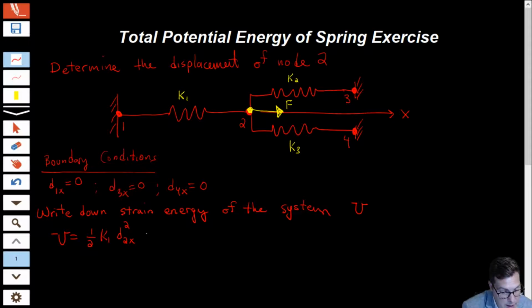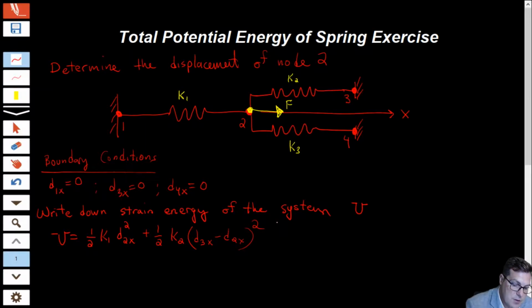And then we're going to have 1/2 K2. We'll go up to this top one between 2 and 3. And there we could take the displacement of 3 minus the displacement of 2. Of course, we know that D3 is going to be 0, so we can actually drop that out.